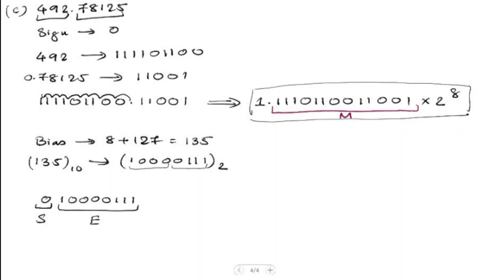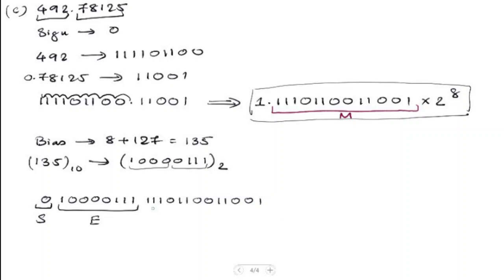And then we fill up the 23 bits for the mantissa. We start from the triple ones here: 111, 011, 0011, 0011, 001.